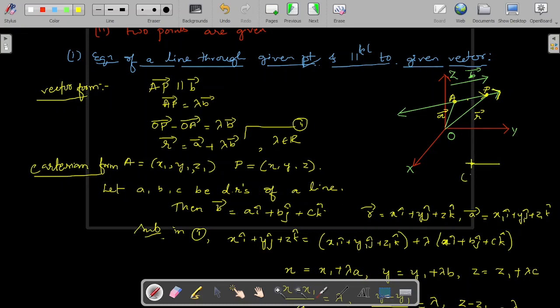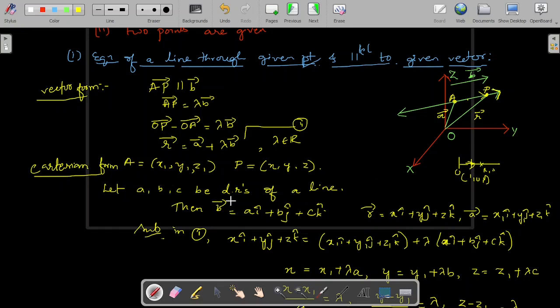Like 1, 0, 0 is the unit vector from the origin, so the direction cosines of the x-axis are 1, 0, 0. Direction ratios of the x-axis can be 2, 0, 0, or 3, 0, 0, or 4, 0, 0, infinitely many. So direction ratios give you all possible vectors in the direction of the x-axis.